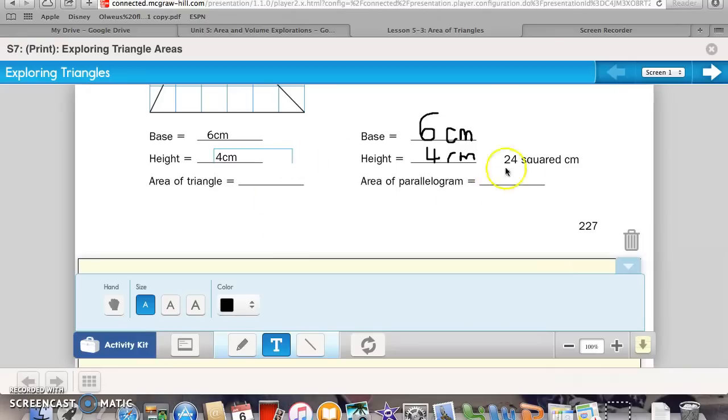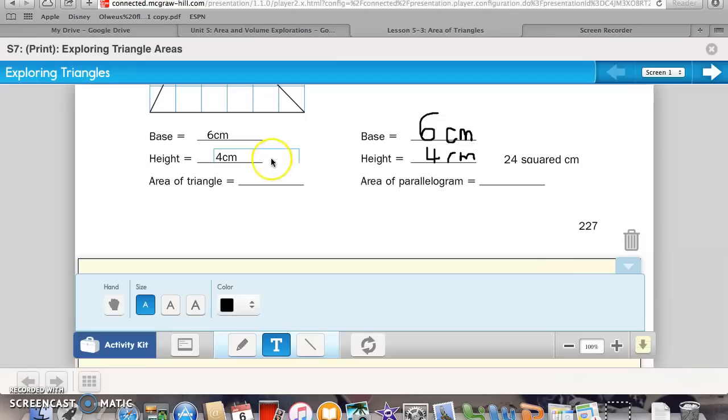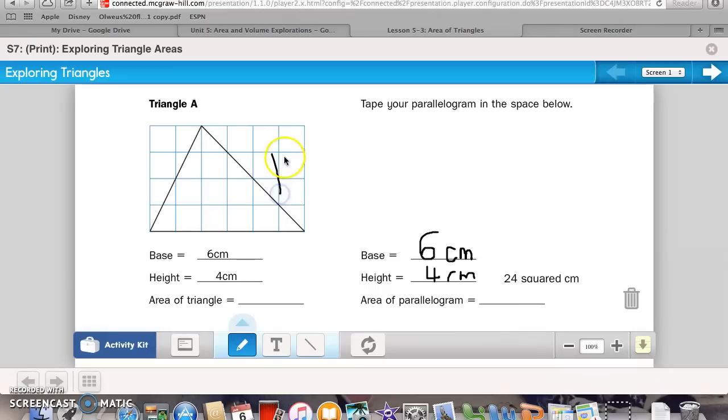Of course it's hidden. Maybe because it's not right. For our area for a triangle, it should be 12 squared centimeters. Let me write this a little higher so you can see it. So we have our 12 centimeters squared.